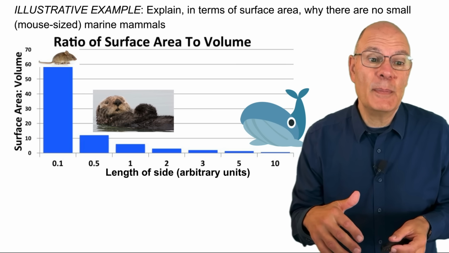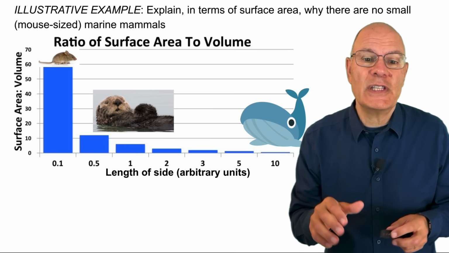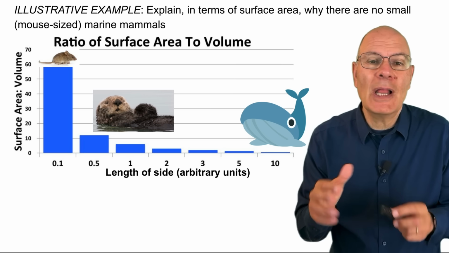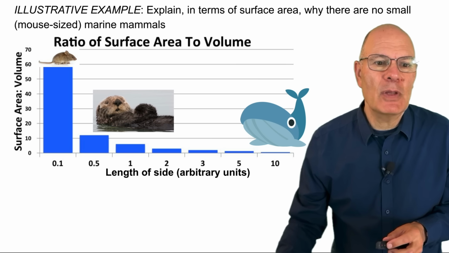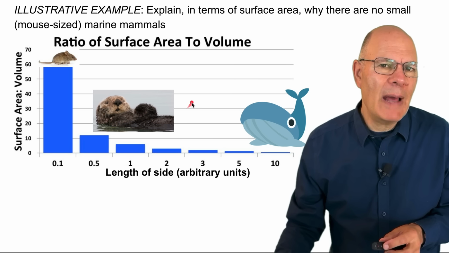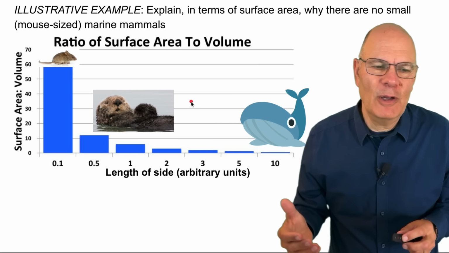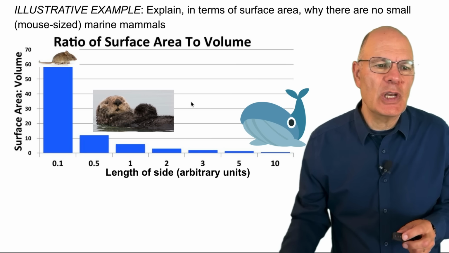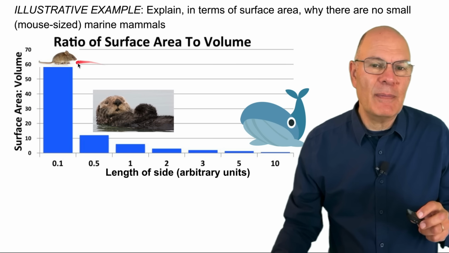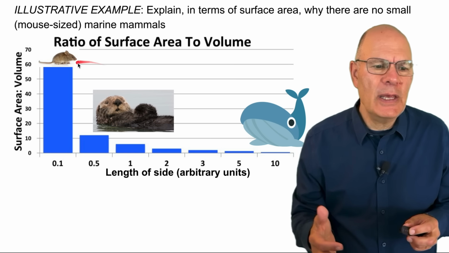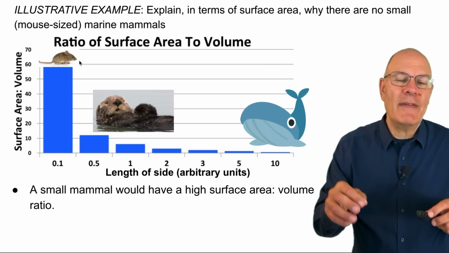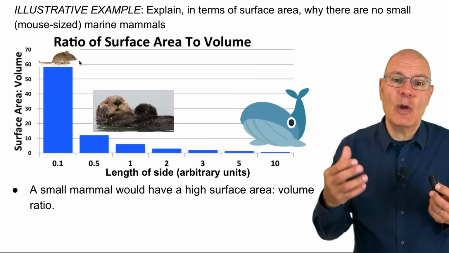Now let's look at the flip side, explain in terms of surface area why there are no small mouse-sized marine mammals. The smallest marine mammals are otters. We'll discuss them more in a moment, but they're actually fairly large animals as animals go. There's nothing that's the size of a mouse. And the argument is this: a small mammal would have a high surface area to volume ratio.